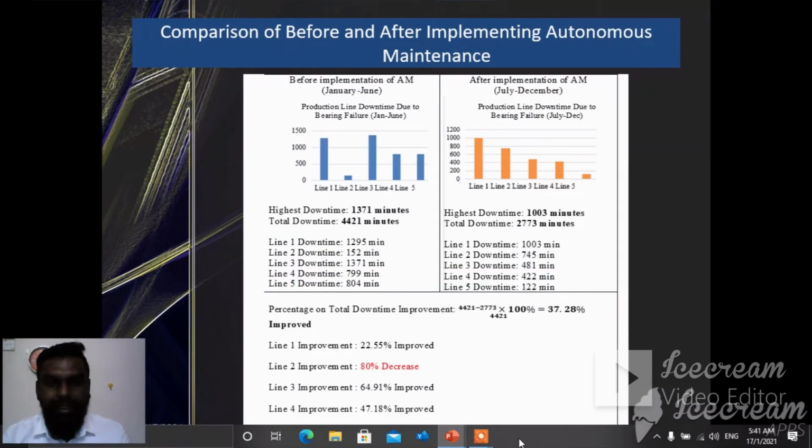This is the improvement in each line. Line 1 improvement is 22.55%. Line 2 is an 80% decrease, so in line 2 there is a slight increase of downtime. Line 3 is 64.91% improved. Line 4 is 47.18% improved.